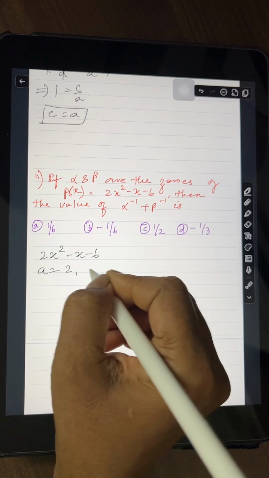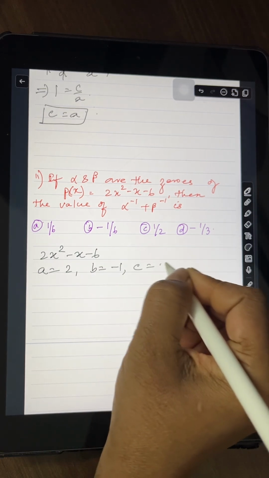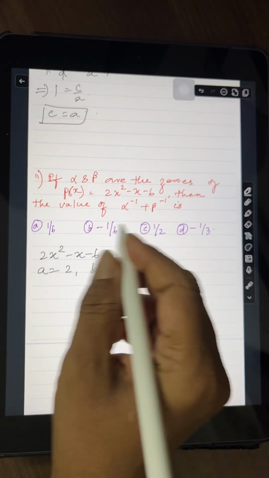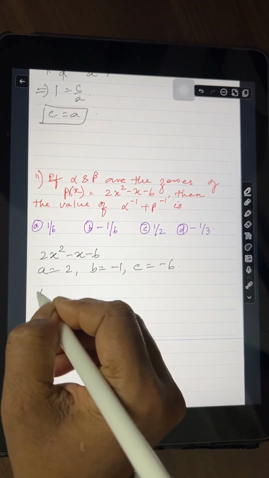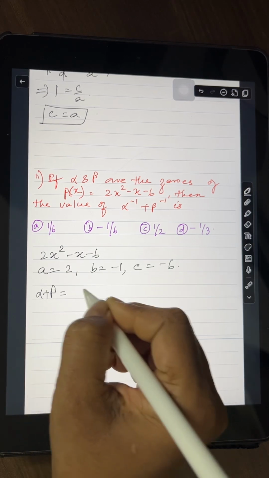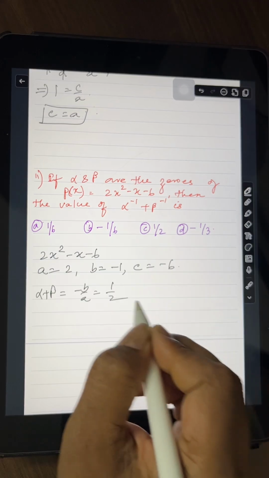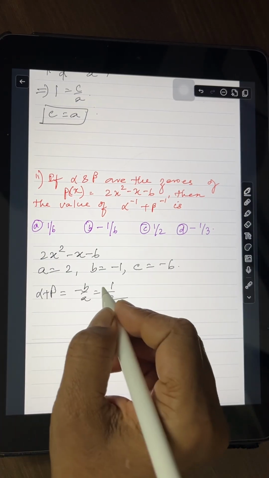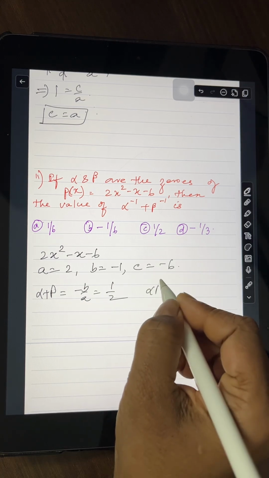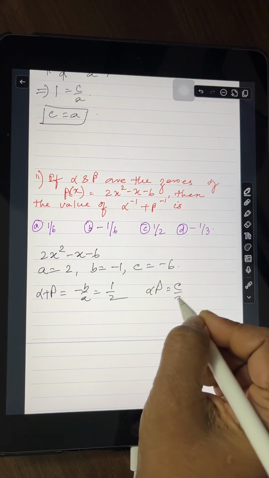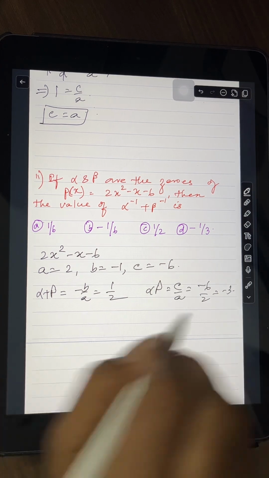A is 2, b is minus 1 and c is minus 6. Now alpha and beta, the zeros, so alpha plus beta is equal to minus b by a is equal to 1 by 2. And minus of minus 1 is nothing but 1 by 2. Then alpha beta is c by a, which is minus 6 by 2 is minus 3.